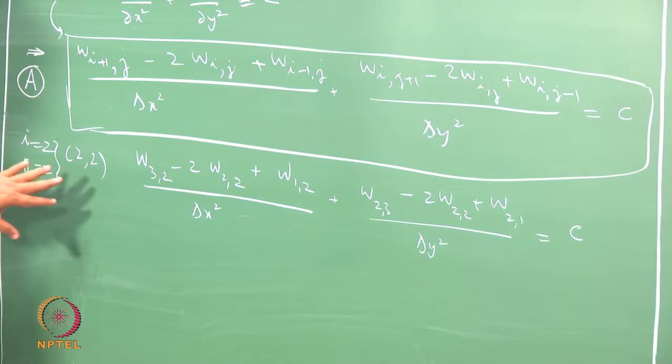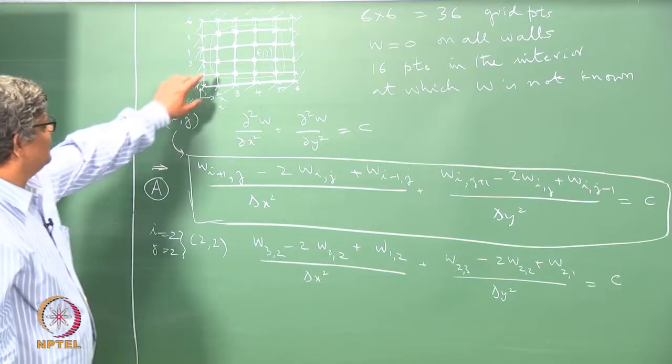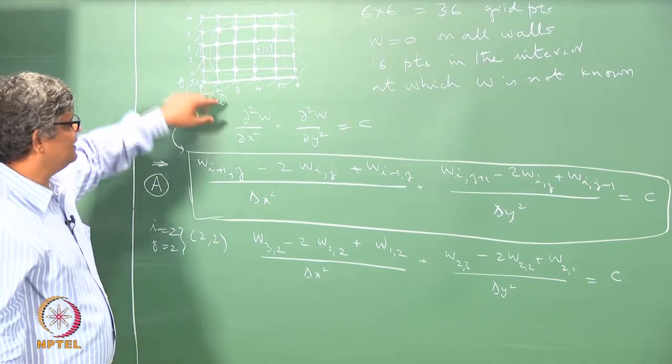Okay. So at this point, where there is no confusion, we can leave out those commas because we have only single digit indices here.